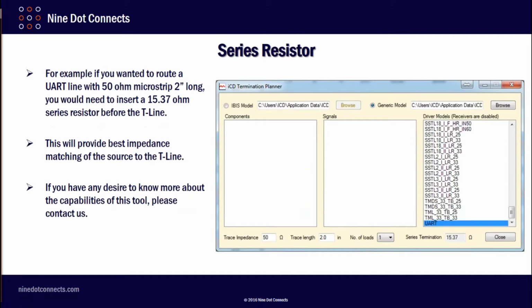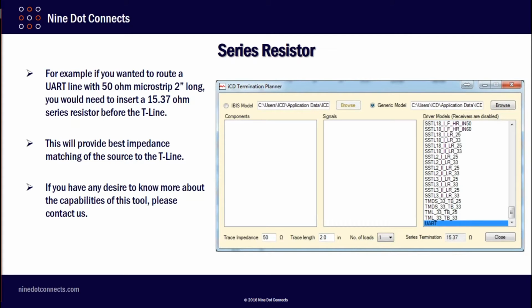In the termination planner, you can either use an IBIS model that is given to you from your driver manufacturer, and from it we can figure out what the internal impedance of that source is. If you don't have an IBIS model, you can use a generic model that this software has automatically installed, and you can look at the different types of generic source drivers.